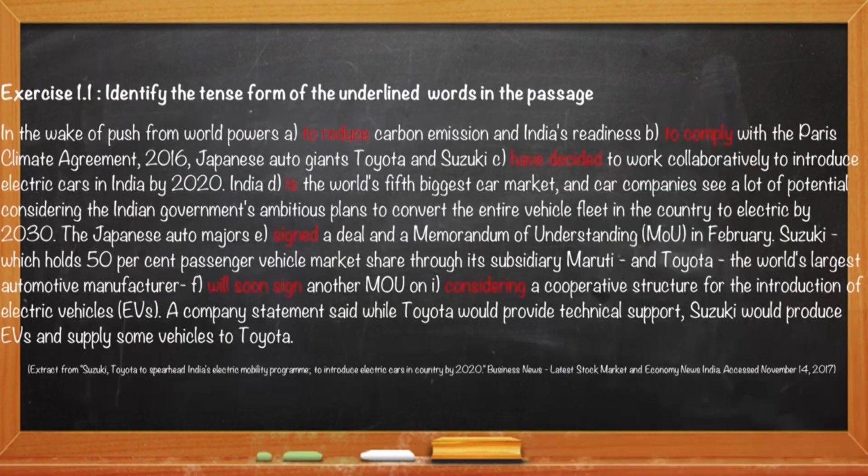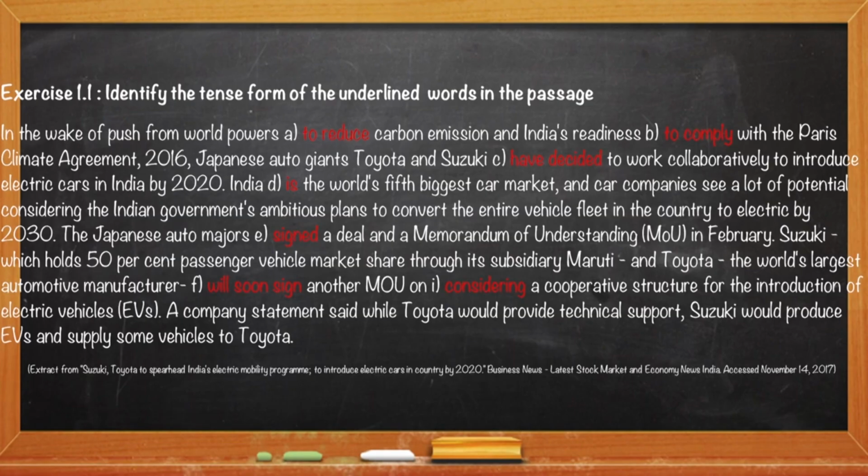Now, look at this particular exercise. Identify the tense form of the underlined, or in this case highlighted in red words in the passage. In the wake of push from the world powers to reduce carbon emission and India's readiness to comply with the Paris Climate Agreement 2016, Japanese auto giants Toyota and Suzuki have decided to work collaboratively to introduce electric cars in India by 2020.